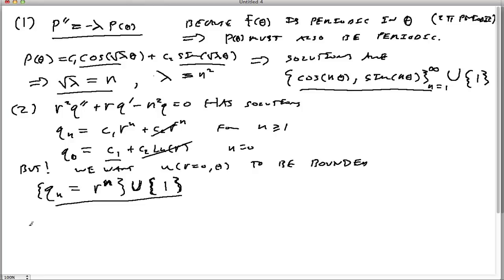Of course, we put them together, and we get U_n(r, theta) is equal to something of the form An r^n cosine n theta plus Bn r^n sine n theta.